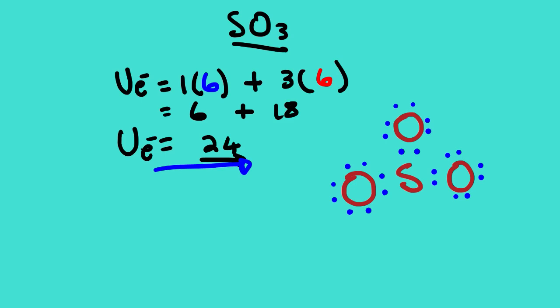Now in this case, we can see that each and every oxygen has reached its octet state, so it is satisfied, except for sulfur. Sulfur did not reach its octet state. You can see that it only has 6 valence electrons. We should do something about that.